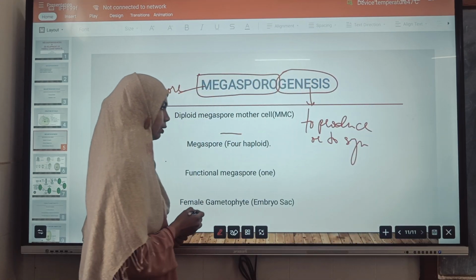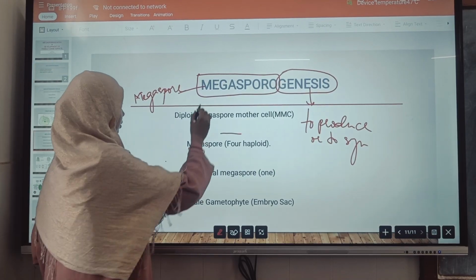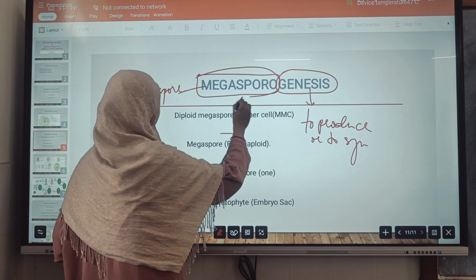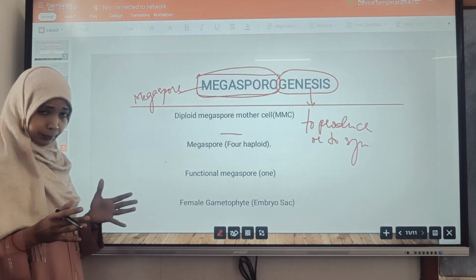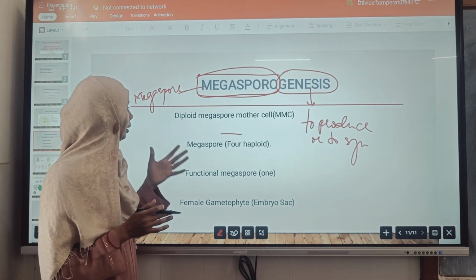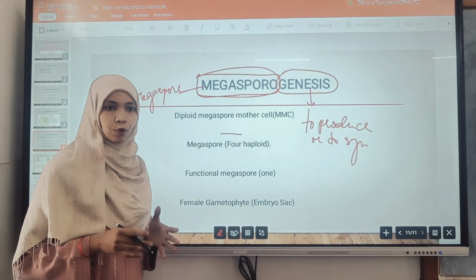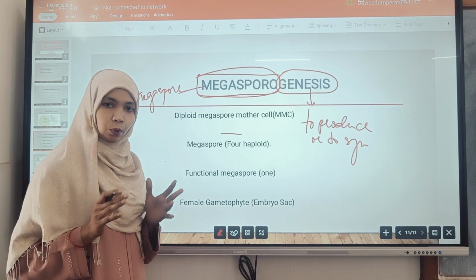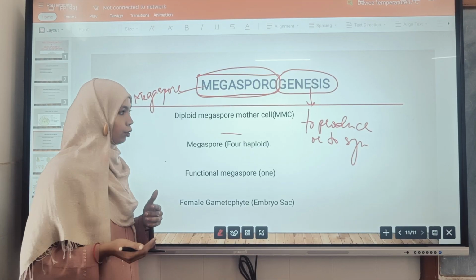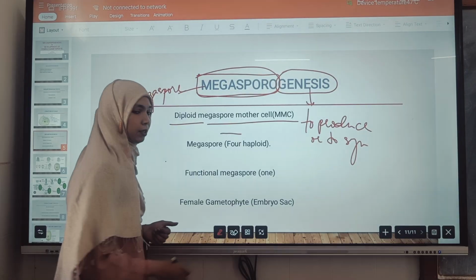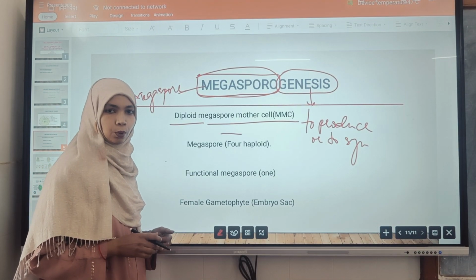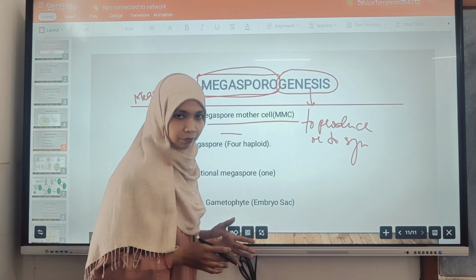So which structure is synthesized here? That is the megaspore. The megaspore is synthesized from a diploid megaspore mother cell, and the formation of megaspore from this diploid megaspore mother cell is called megasporogenesis. It is a very important definition.